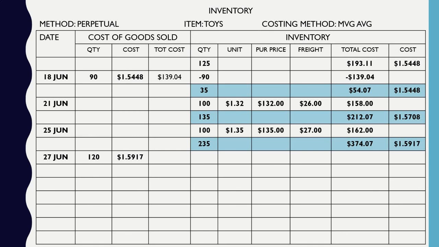We calculate that amount to give me $191.01, which we subtract out to give us a new total cost of $183.06 at a total quantity of 115.